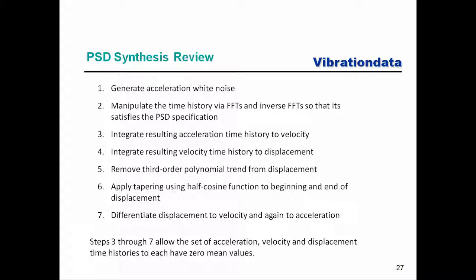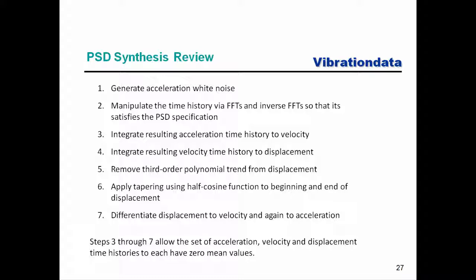So after step 2, I take that acceleration signal and integrate it to velocity. Then I take that velocity signal in step 4 and integrate it to displacement. Now by the time I get the displacement time history at step 5, there's going to be some offsets, ski slopes and trend effects. As a rule of thumb, I found that a good way to correct that is to do a 3rd order polynomial trend removal from the displacement.